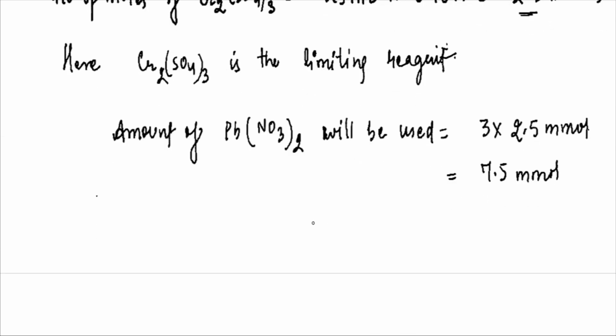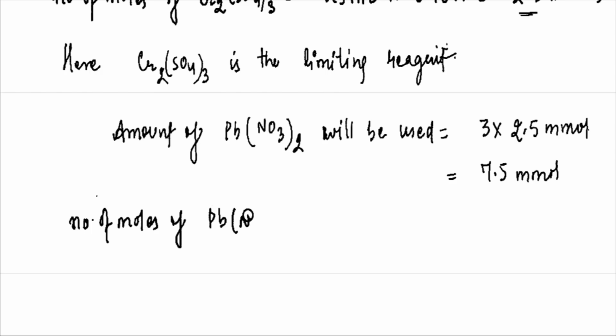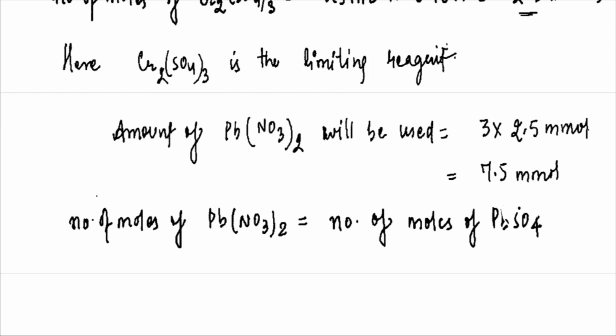Now I can also say in this particular question that the amount of lead nitrate that has been used will be equal to the number of moles of PbSO4, right?